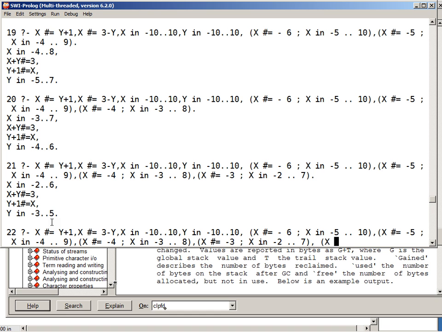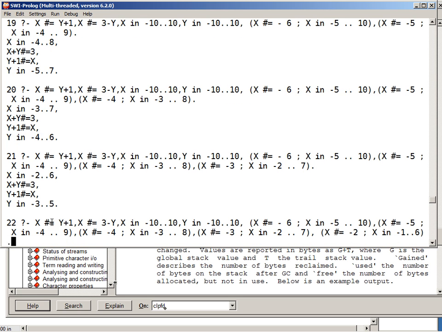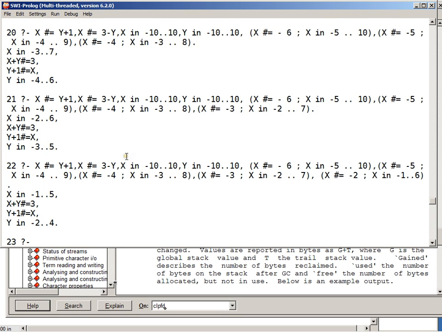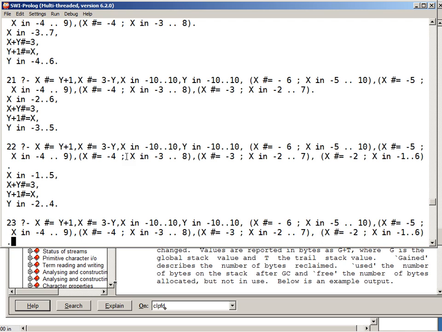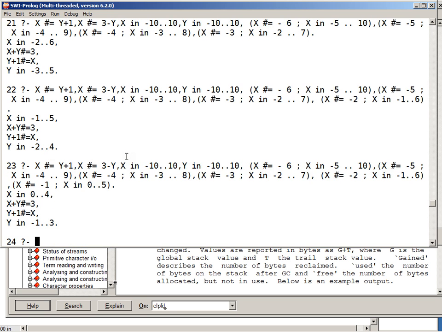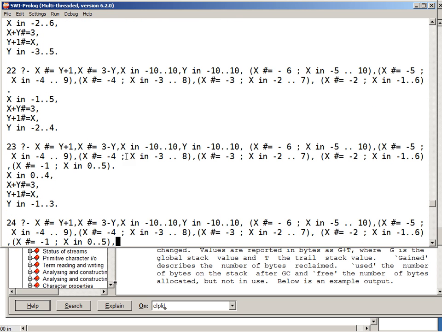X is minus 2 here, and x in minus 1 and 6. Further, we have x equals minus 1 or x in 0 and 5. So again, more shrinkage.